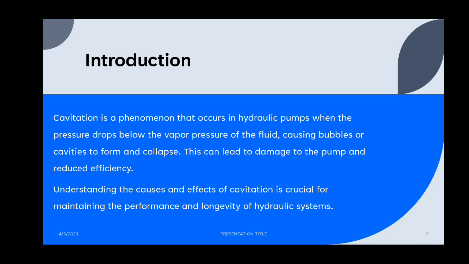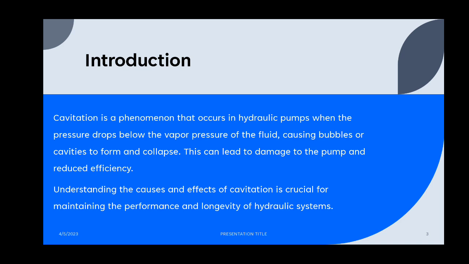If the pressure of the water decreases below the vapor pressure, then within 100 degrees centigrade, depending on how the pressure is decreased, the water will be evaporated. So the evaporation creates water bubbles.